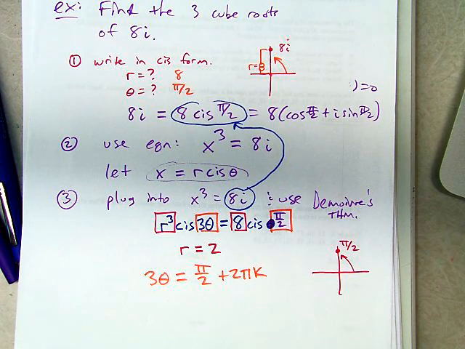So now we have r cubed CIS 3 theta, and then we compare this trig number to the trig number that corresponds to the number they gave you. Does that make sense? So that now we can figure out what r is, because r cubed has got to be 8, so r is 2. And then this 3 theta has to be pi over 2, or any other angle that is in the same spot.